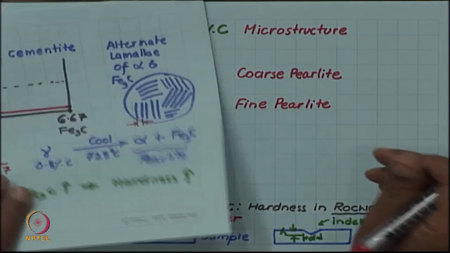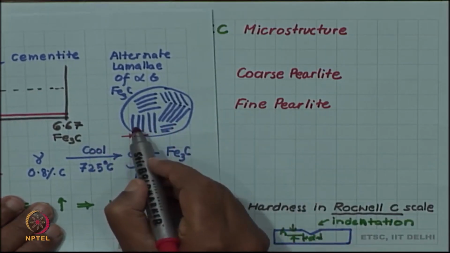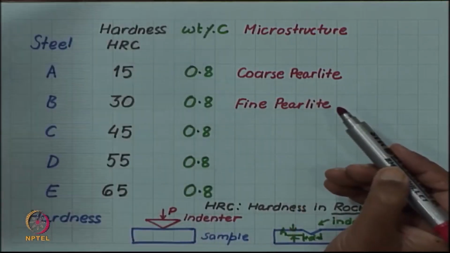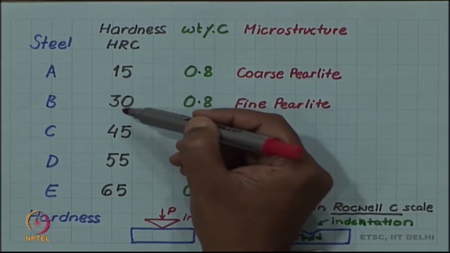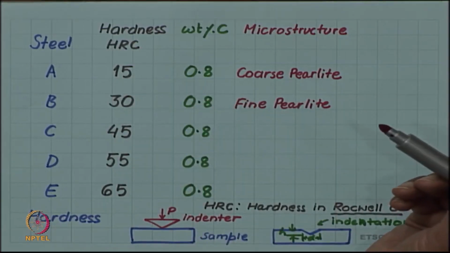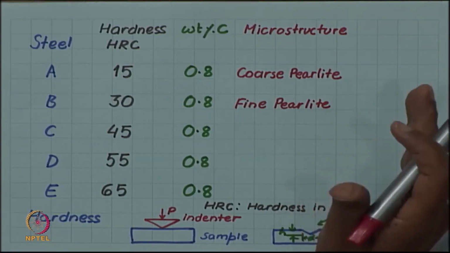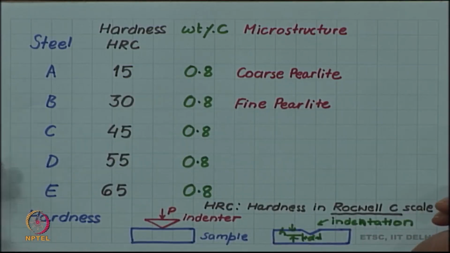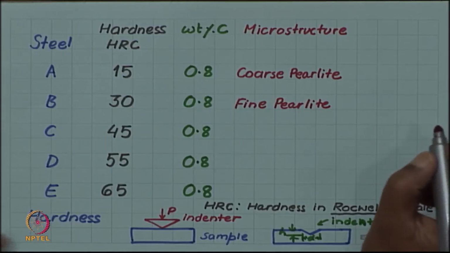Both are giving us pearlite, but in one case the pearlite lamellae are thinner and finer, in one case they are coarser, and this itself is capable of giving us a hardness change by a factor of 2. This is an extremely interesting thing, and in some sense central to the entire material science, that in the same composition you can have different properties depending on the control of the microstructure.